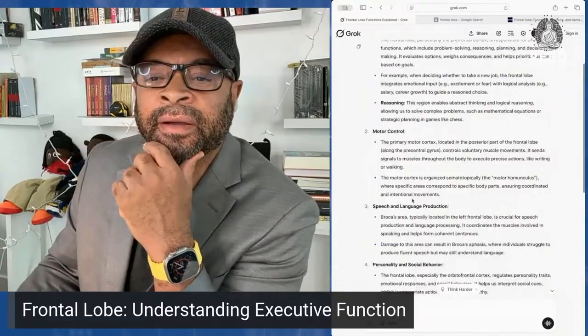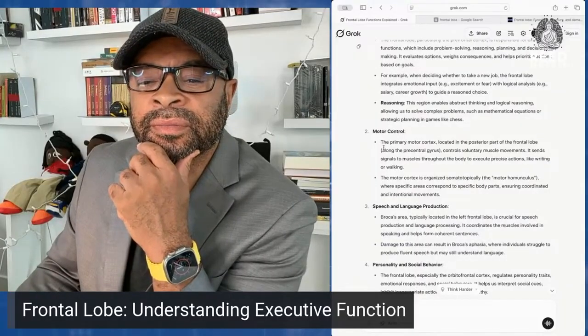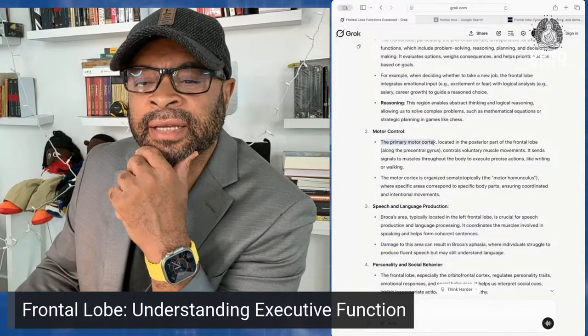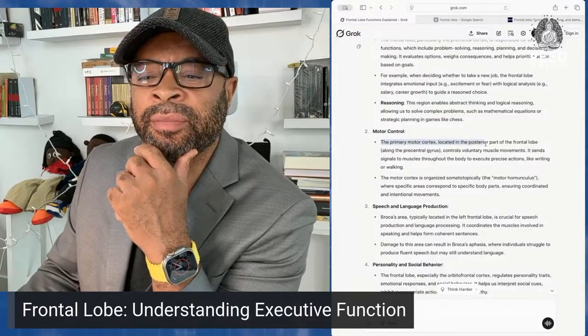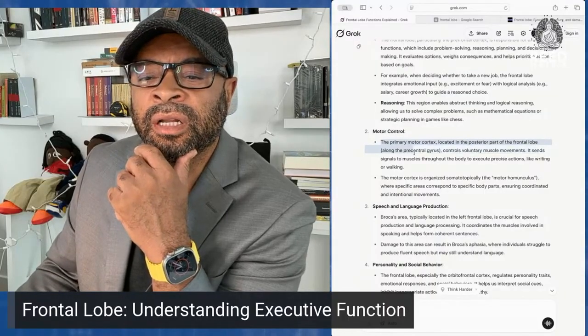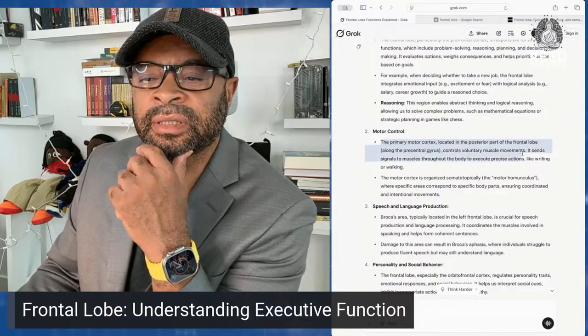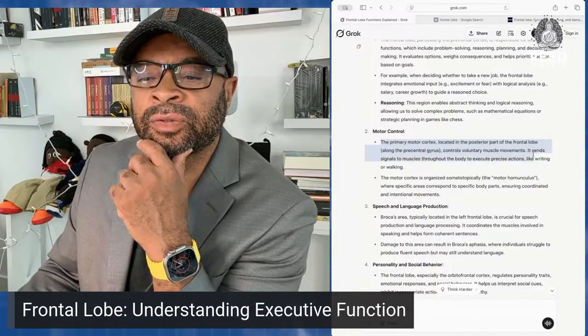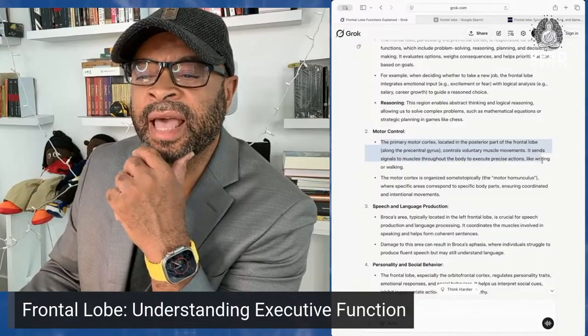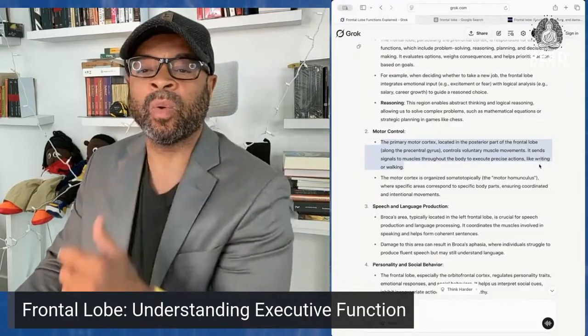Okay, here, motor control. The primary motor cortex, located in the posterior part of the frontal lobes, along the precentral gyrus, controls voluntary muscle movement. It sends signals to muscles throughout the body to execute precise actions when writing or while walking.